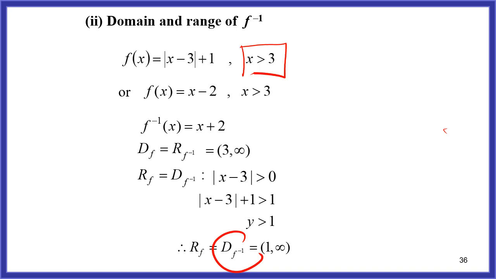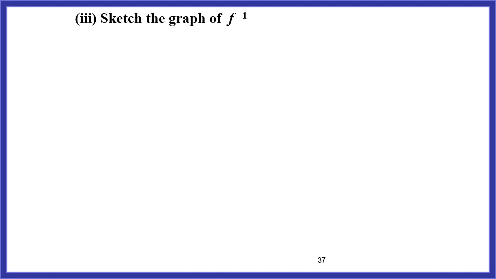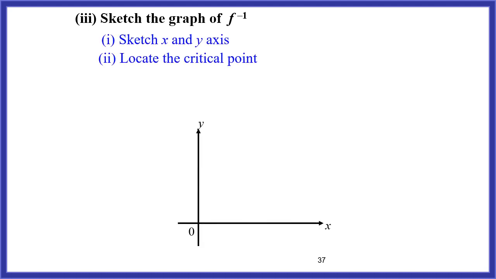Okay, so you do the same thing in finding the domain and range for the absolute value notation. The last one is to sketch the graph of f and f inverse. So how to sketch an absolute value graph? You have to look at the x and y axes, and look at the critical point or vertex.